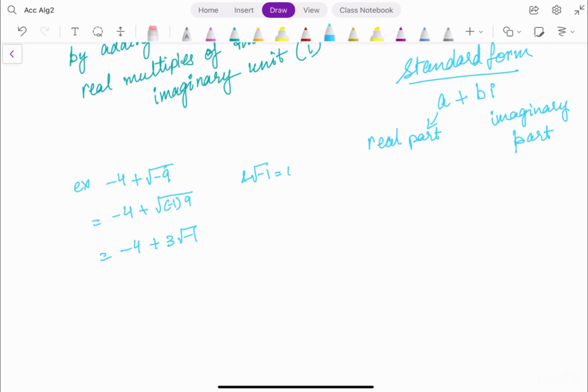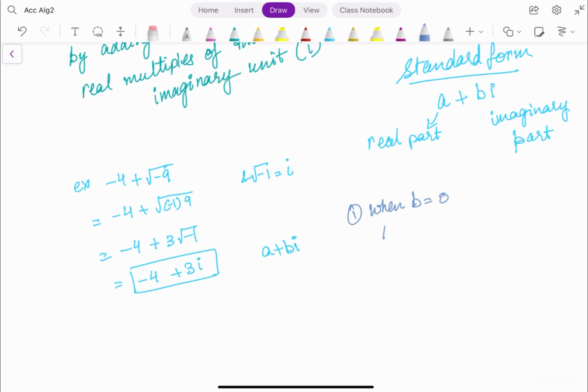So we can solve this problem by introducing i, and in standard form it is negative 4 plus 3i. Negative 4 is the real part, and 3i, because it is multiplied with i, is your imaginary part. Whenever we have a negative under the radical, we can replace it with i.